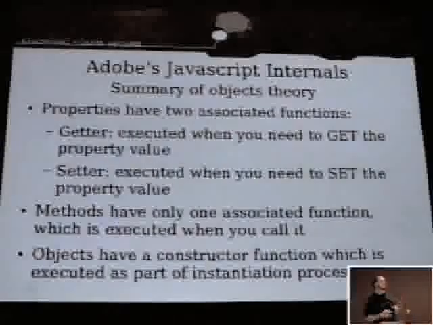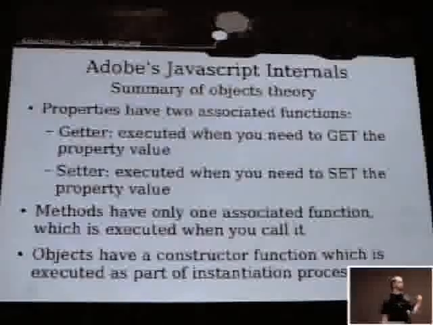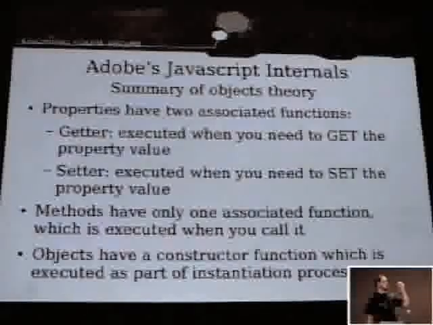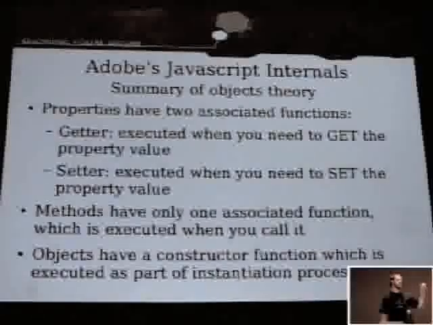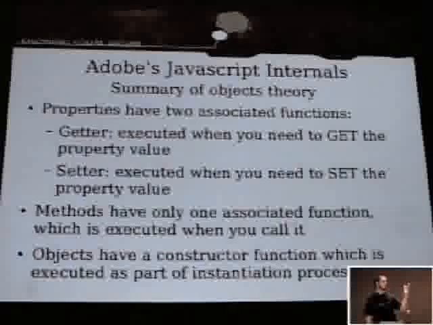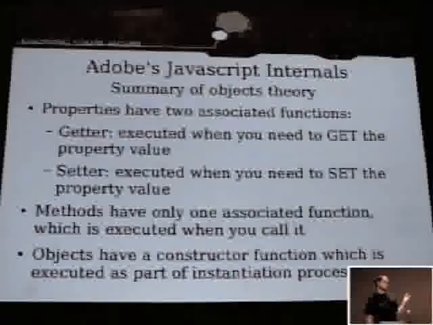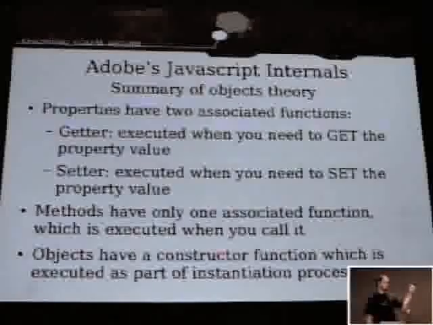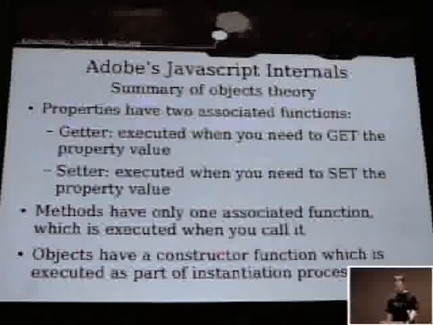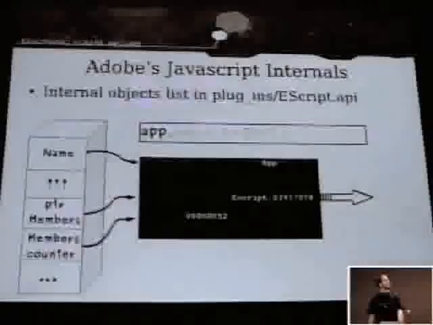A property has 2 associated functions: a getter that you use to get the property value, and a setter, which is used when you want to change some property value. Also, methods have one associated function, which is what you execute when you call the method. An object has a constructor function, which is executed as part of the instantiation process.